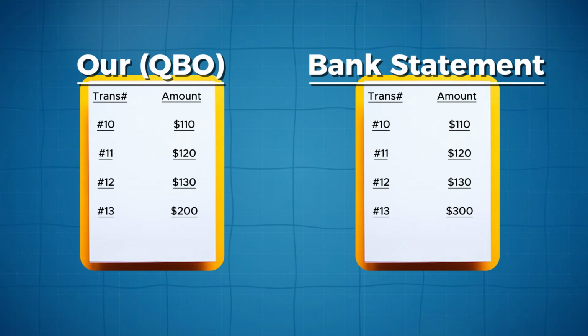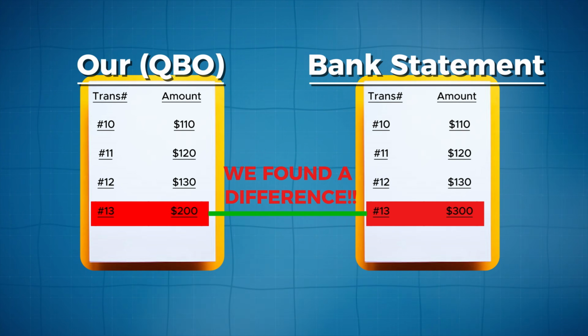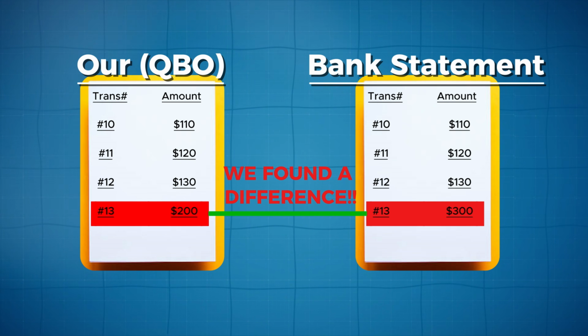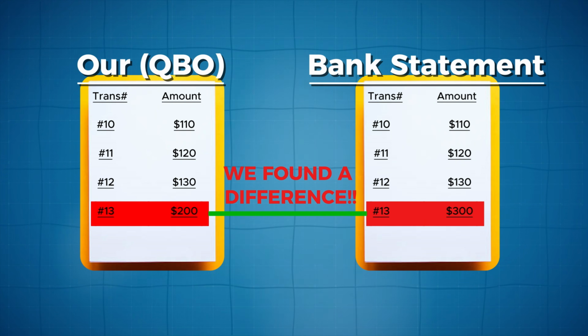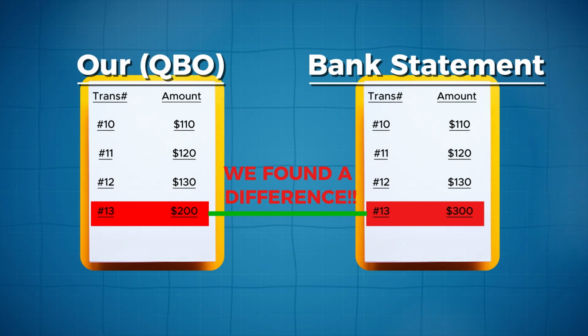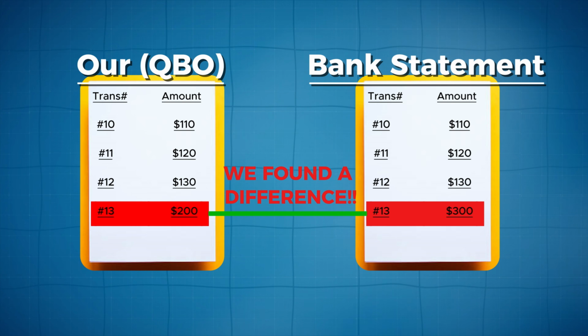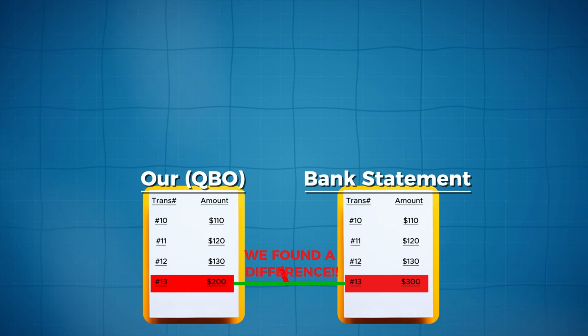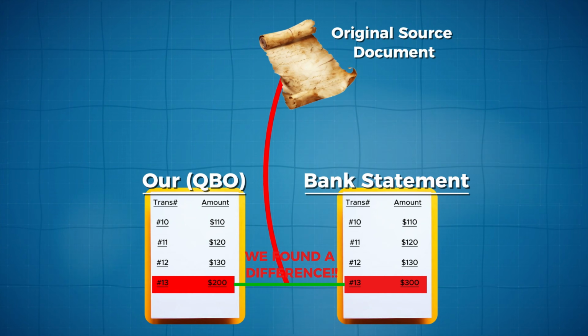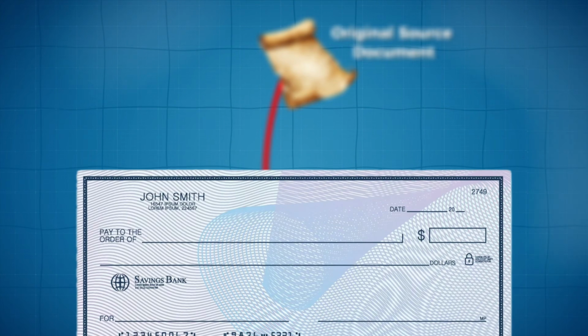For example, if you found a difference in a check that you recorded in QuickBooks Online, and that's different from the very same check that was recorded and listed on the statement, it's easy to just stop and investigate. All you do is go back to the original source document, and in this example, it's a check.